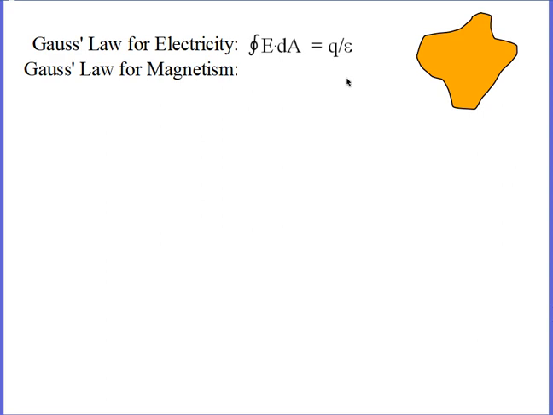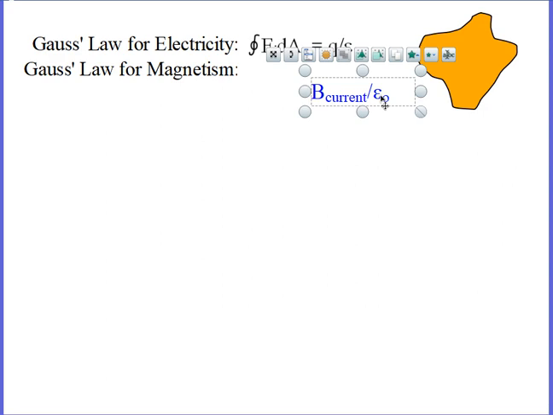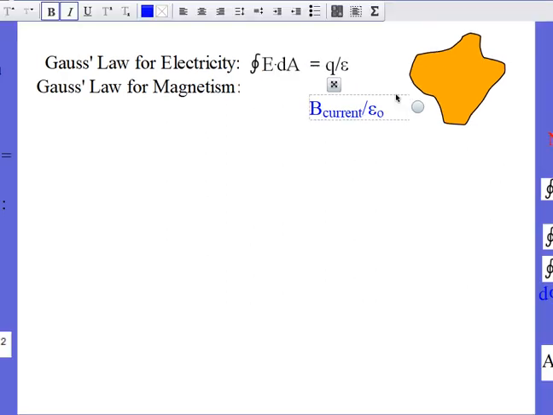And so we could do a Gaussian integral B dot dA, and that would equal to, probably it would be mu naught. I messed up. This should be a mu.